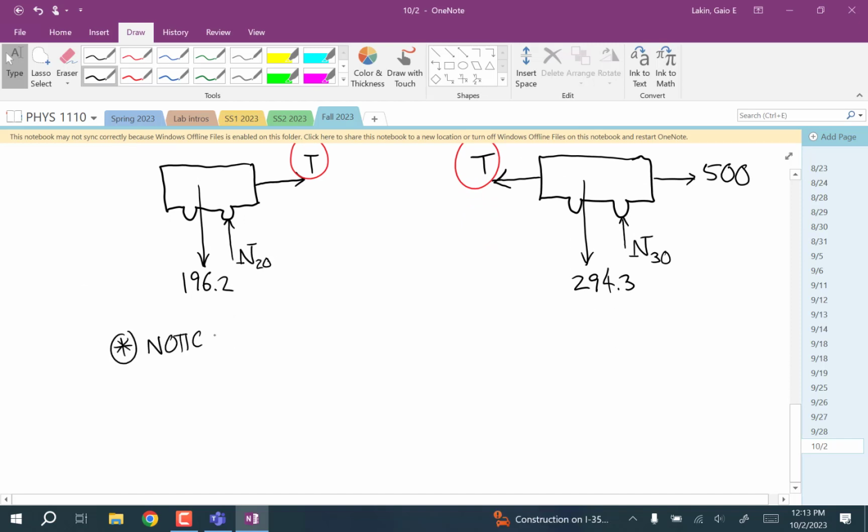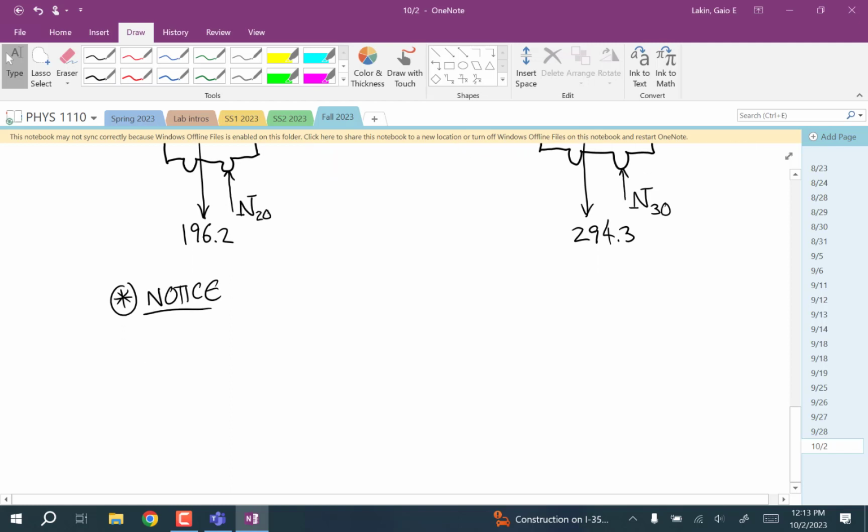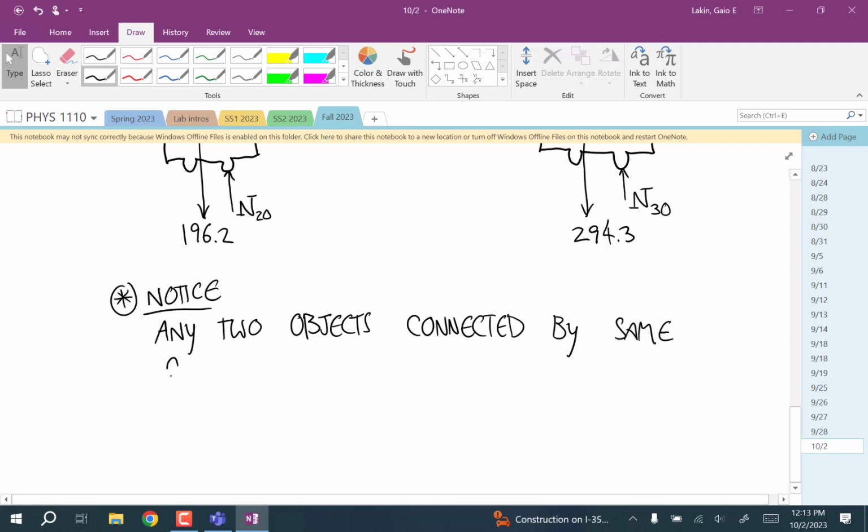And notice that any two objects connected by the same cable, and what I'm going to say here is true even if that cable goes through pulleys on the way.